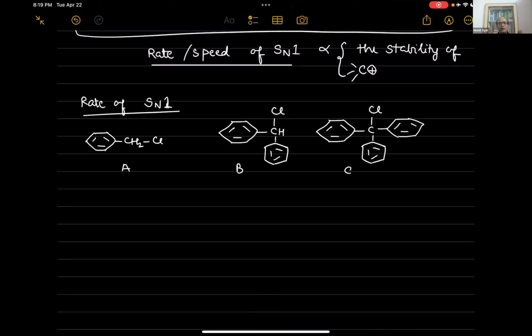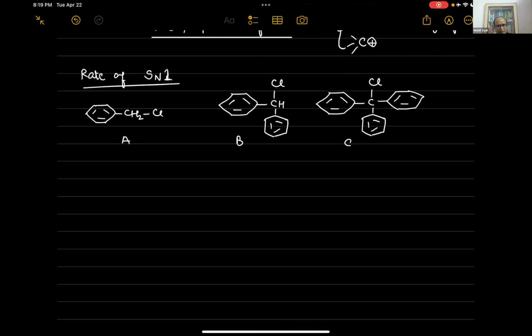First, whatever is given to you, that only you react. You remove the halogen first. So the halogen, is it the same or different in A, B, and C? It's the same. So Cl minus can come out.